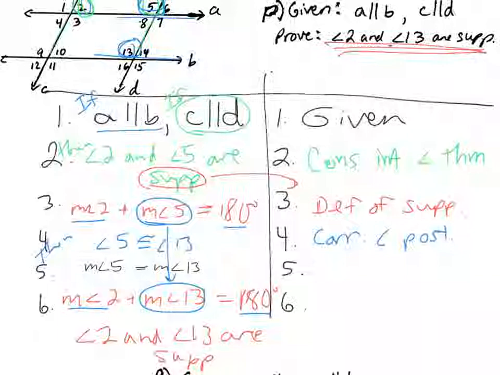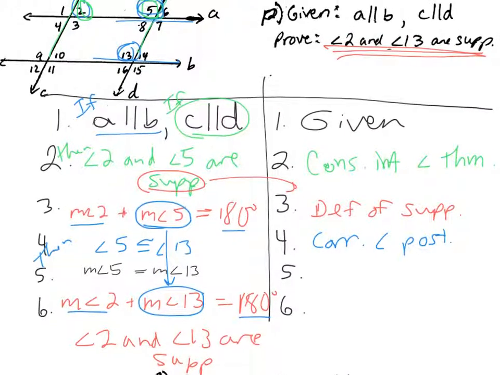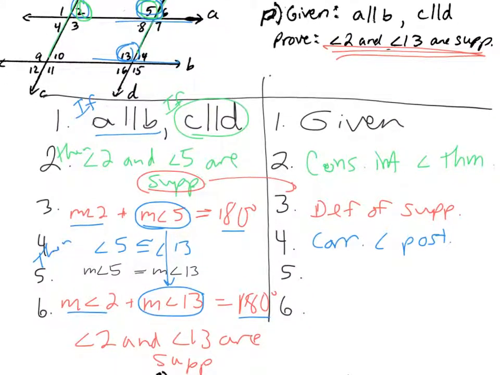I know it's almost the same thing when I say congruent, but not quite. So I am using my definition of congruent angles in there. And then you probably already figured out what we did in step 6 just by the way I said it. We replaced or substituted, so that's my substitution property.